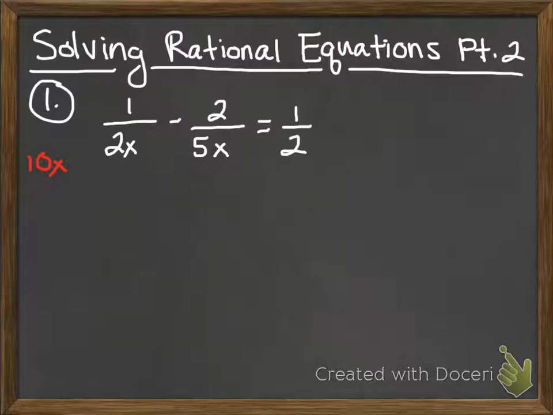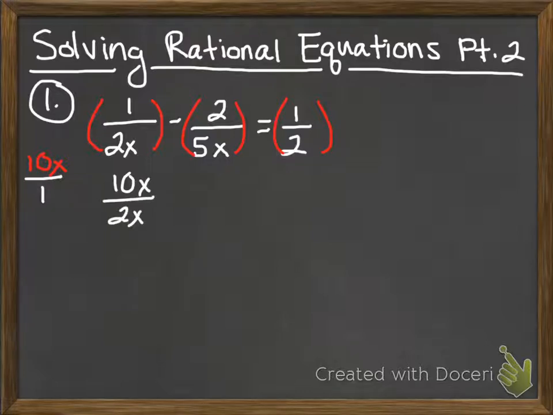So here's what I'm going to do. I'm going to take 10x and I'm going to multiply that by each of my fractions. And I'm going to show you why and exactly how that helps us. So I am going to do 10x times 1 over 2x. Now keep in mind 10x is the same thing as 10x over 1. So when I multiply that by 1 over 2x, I get 10x divided by 2x.